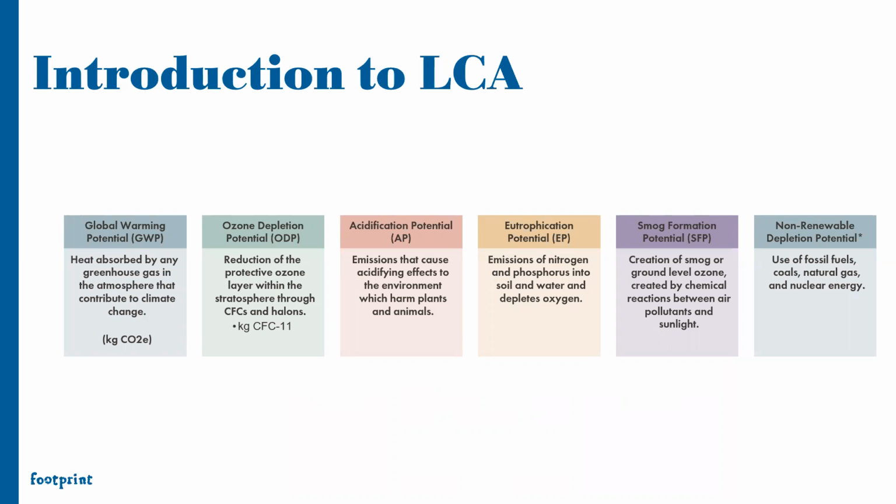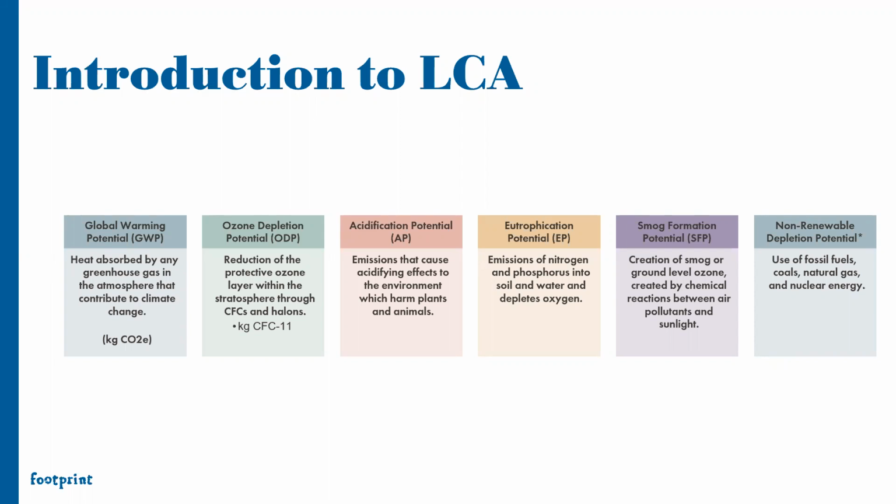But it's really important to note that there are other impact categories as well. I'm not going to read these word for word, but we're looking at ozone depletion, acidification, eutrophication, smog formation, as well as an additional category, which is the non-renewable depletion potential. So we're not just looking at the greenhouse gases that are contributing to climate change, but we're also looking at all these other effects that do have a large impact on the environment around us, especially where these materials are being processed and where buildings are being built as well.